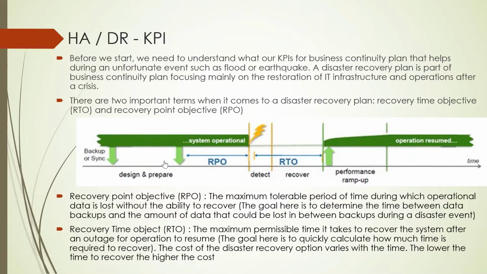So you activated the DR systems, and the business checks the systems. If they find no data loss, it means you recovered all the data in your disaster systems. But if the business finds 10 minutes or 25 minutes of data is lost, that is acceptable because that is part of the SLA.